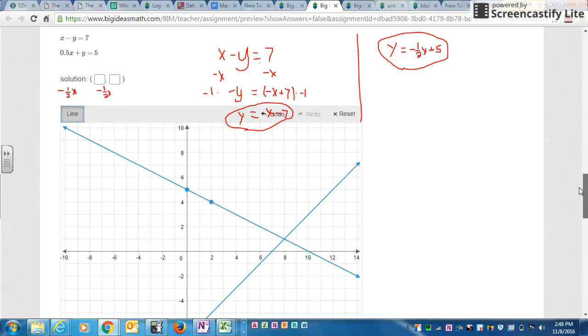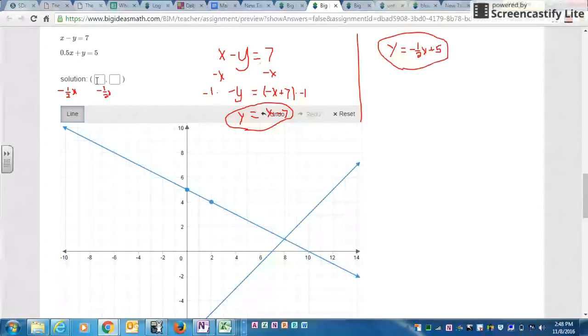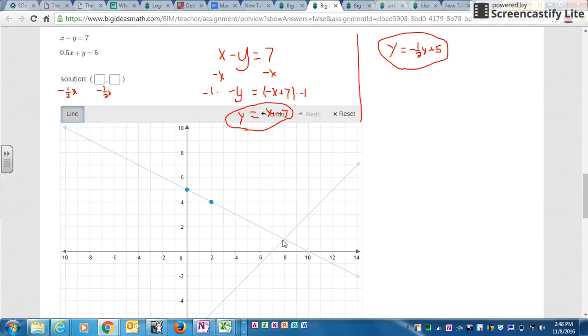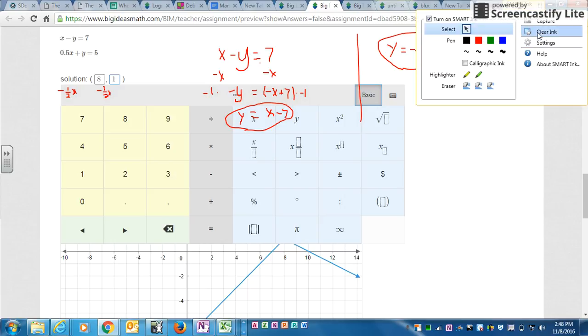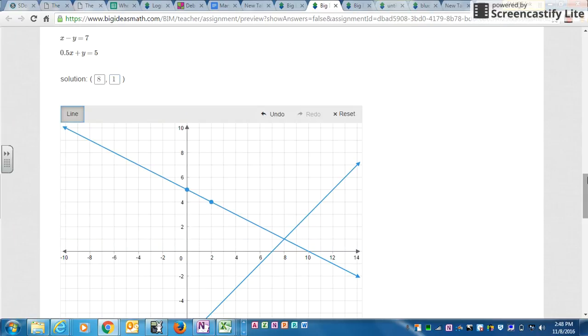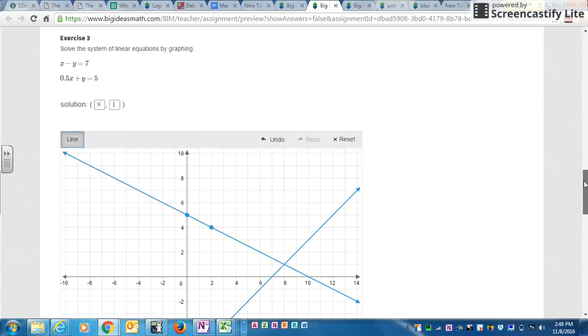The solution is the ordered pair that is going to be on both lines. And that's going to be this point right here. So that is the point (8, 1), positive 8, positive 1.